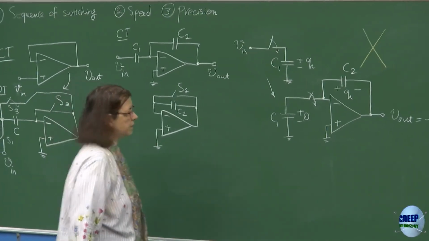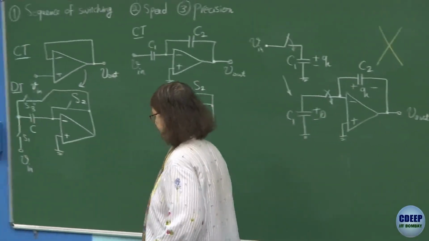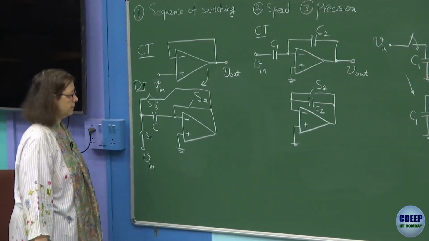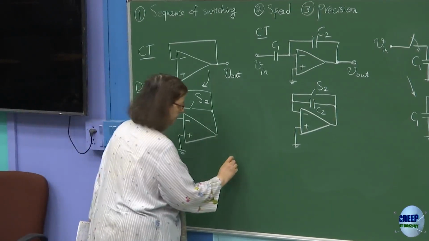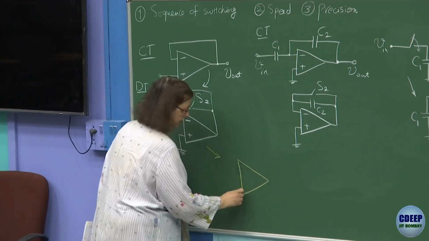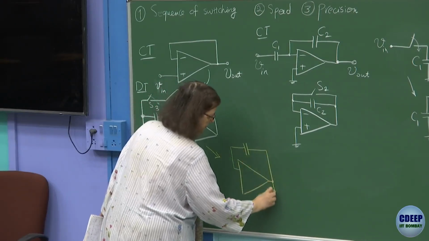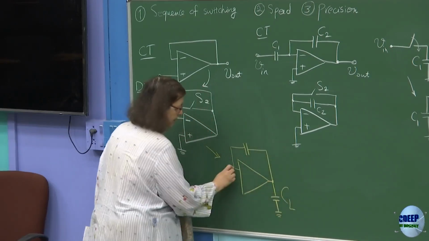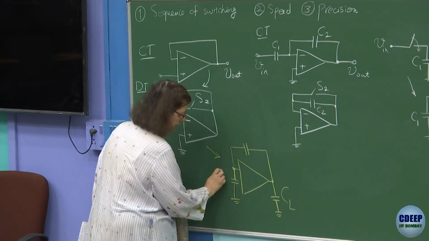Because if you look at this configuration, the configuration we had during the hold phase, I just showed the configuration with respect to capacitors. That was the generic case, right? Adding a CL, adding C in. And we analyzed it in the class.